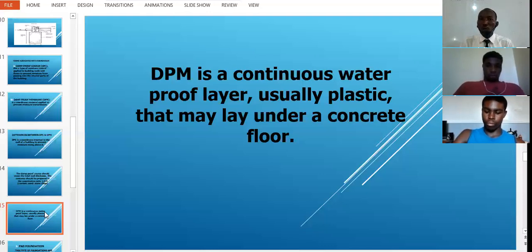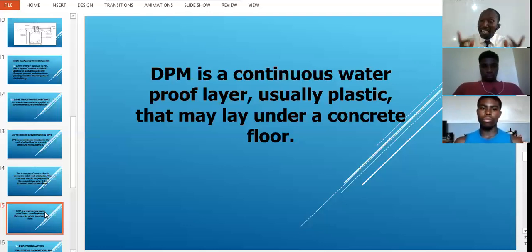Now, when it comes to DPM, we say it is a continuous waterproof layer, usually plastic, that may lay under a concrete floor. Now, the subject is what? Floor. Are we together? Yes, sir.